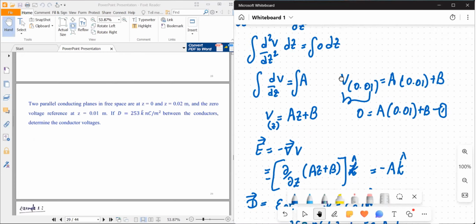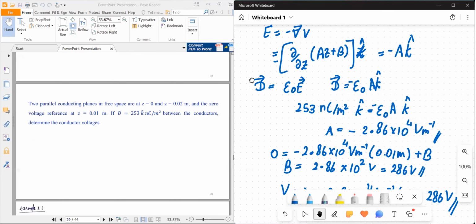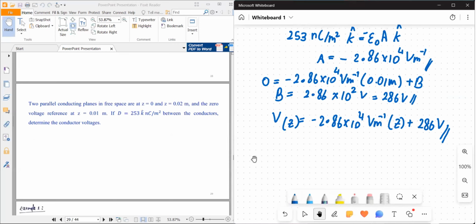So we can apply those two values and calculate the potential voltage at each conductor. So voltage at the conductor at Z is equal to 0. So this term is going to be cancelled out. It's going to be 286 volts.